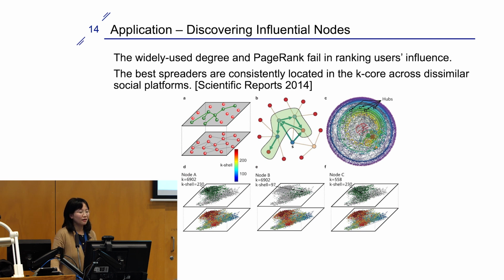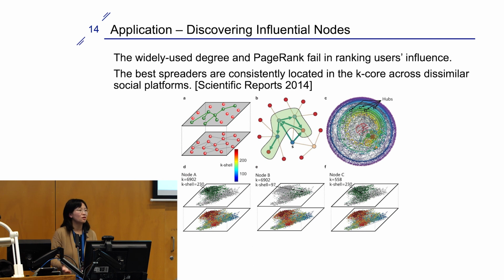From user A, with high degree and high K-core number, the virus spread to a large portion of the population. The second user has high degree but low K-core number, and it only spread to a smaller number of the population. And the third user, even though its degree is low, has a high K-core number, and it also spread to a large portion of the population.